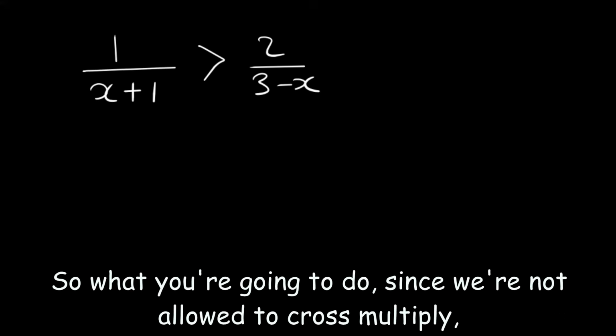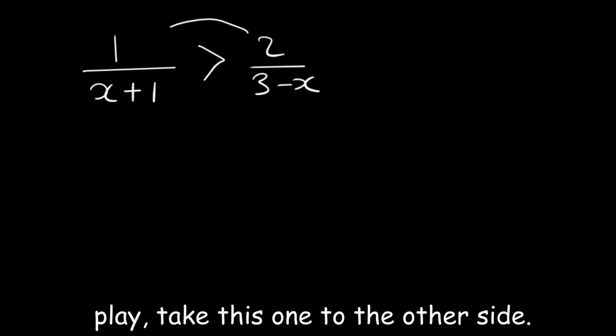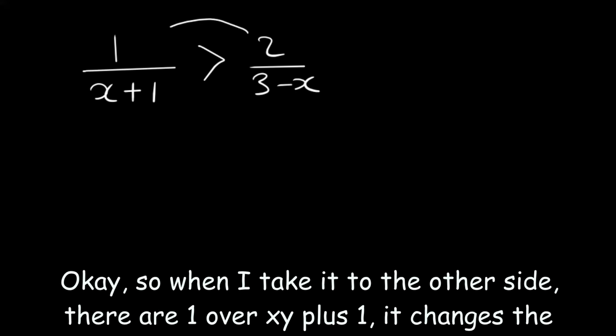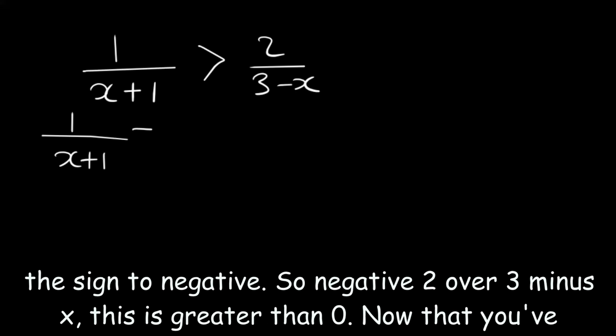Since we're not allowed to cross multiply, take this one to the other side. When I take it to the other side, I have 1 over x plus 1. It changes the sign to negative, so negative 2 over 3 minus x is greater than 0.